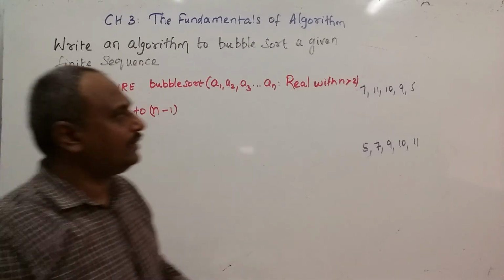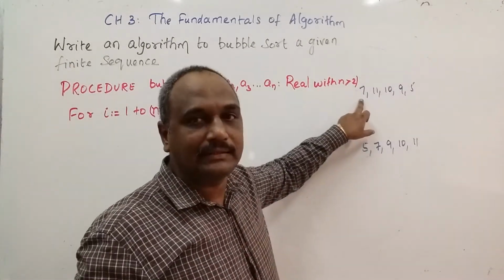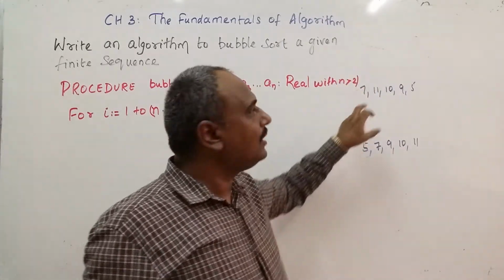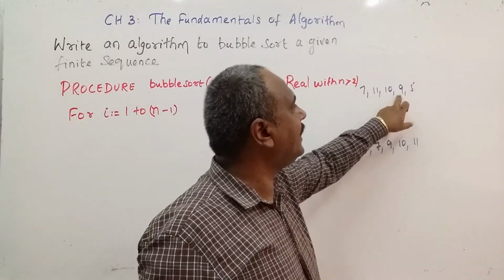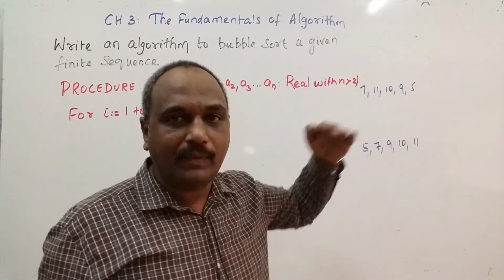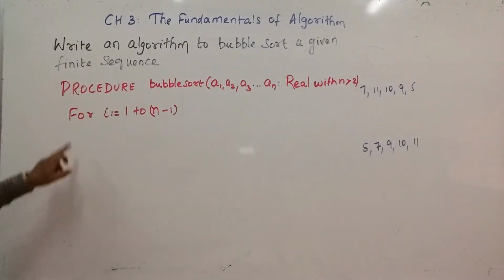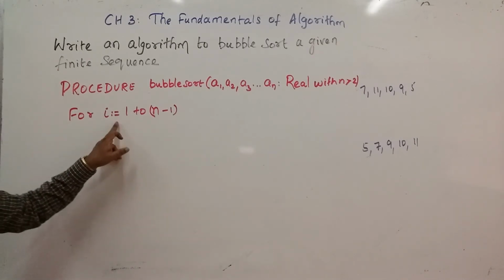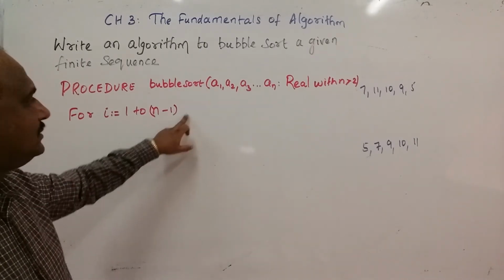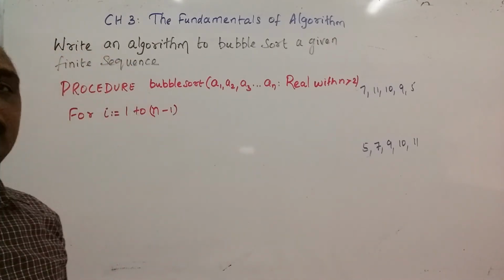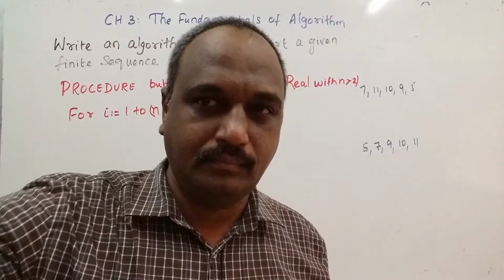Why? Because we are going to take the first one, 7, as it is. I am going to compare 7 with 11 and make an order, and then 11 and 10, 10 and 9, and 9 and 5. I am going to keep comparing one by one. So I am going to write like this: for i is equal to 1 to n minus 1. This is the first set of loop.